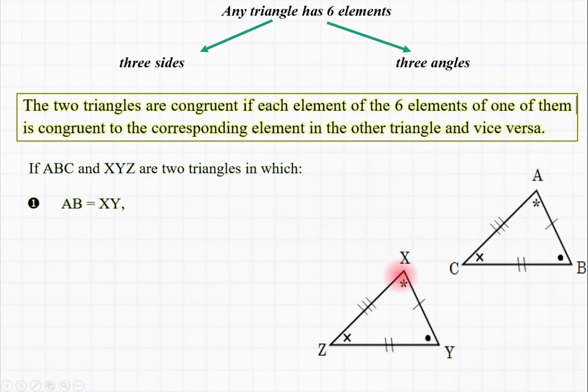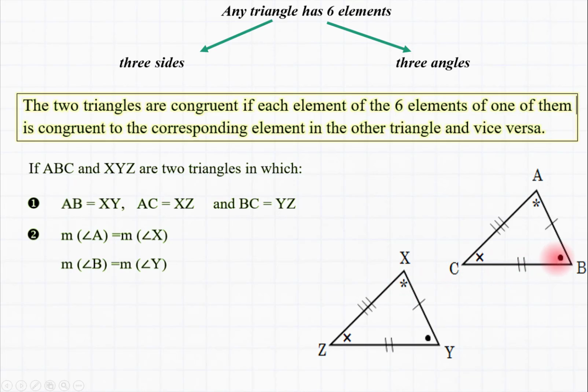If the side AB equals XY, AC equals XZ, and BC equals YZ, and also the measure of angle A equals the measure of angle X, angle B equals angle Y, and angle C equals angle Z, then all sides in triangle ABC are congruent to all sides in triangle XYZ, and all angles in triangle ABC are equal to all angles in triangle XYZ. Therefore, triangle ABC is congruent to triangle XYZ.